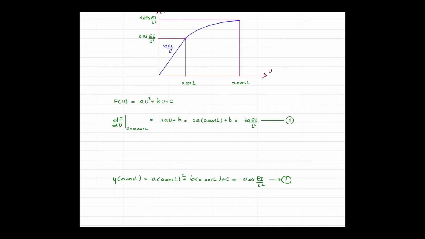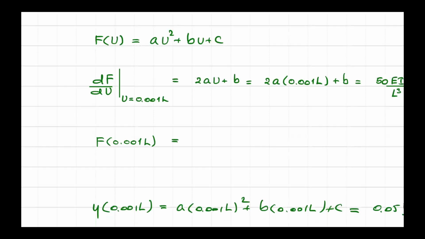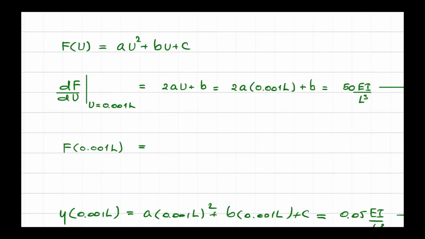And the number 2 was f at point 0.001L is equal to a times 0.001L square.